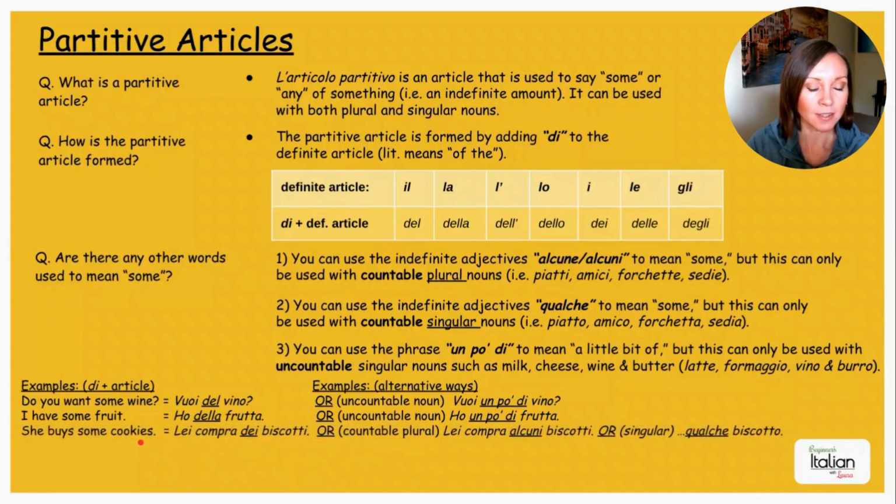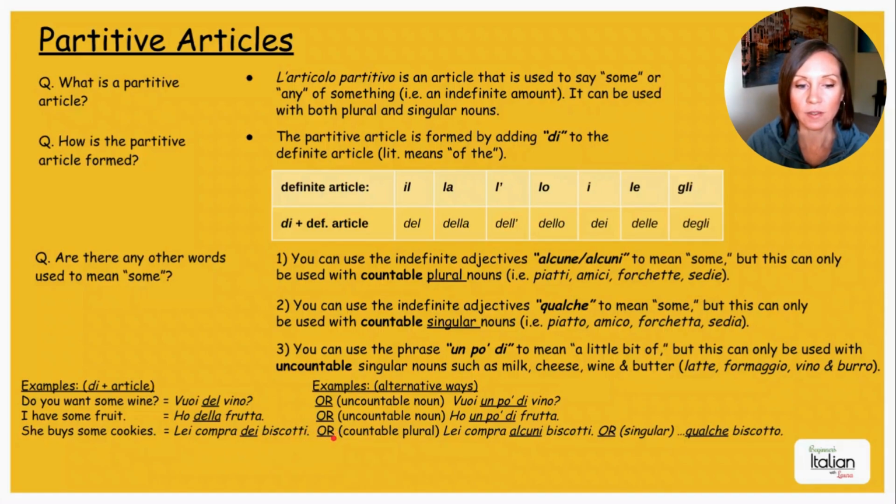She buys some cookies. Lei compra dei biscotti. Okay, so we have dei, which is up here, because biscotti is plural. Masculine plural, because it ends in an i there.